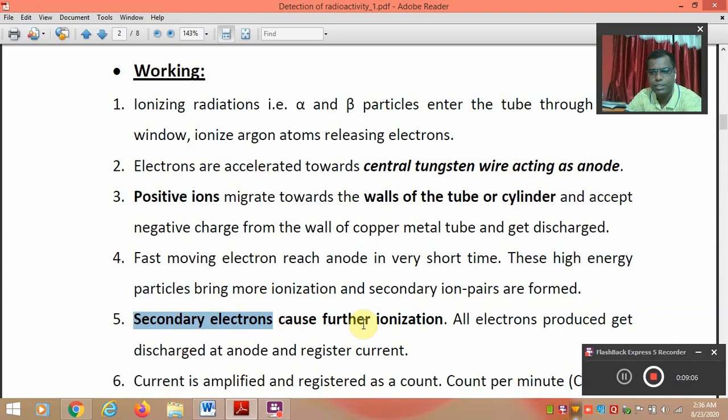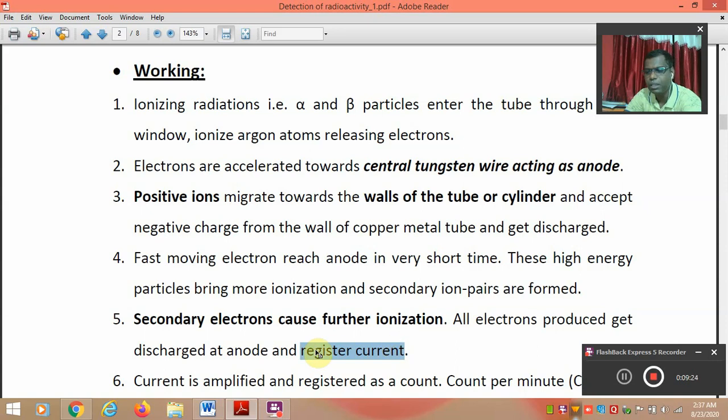So this is the next step of ionization, in which the secondary electrons cause more ionization, and all electrons which are produced get discharged at the anode, and that discharge of all electrons is registered in the form of current.